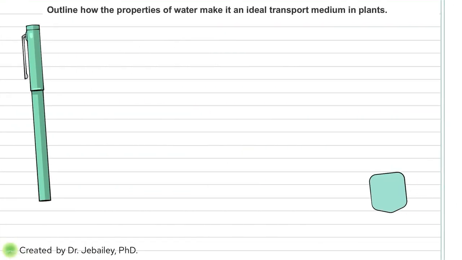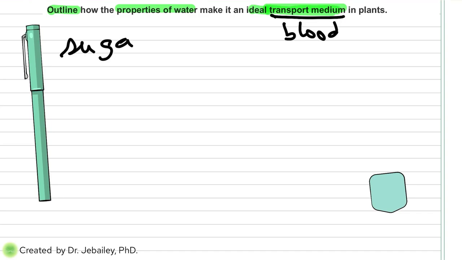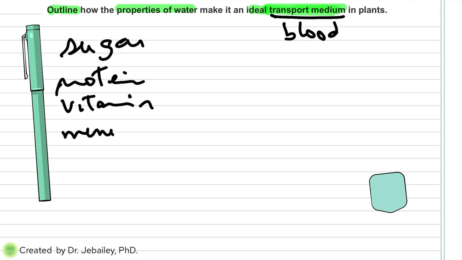Now, this question says, outline how the properties of water make it an ideal transport medium. When you hear the words transport medium, we're thinking about the blood. We're thinking about transporting materials such as sugar, protein, vitamins, minerals. These have to be polar.